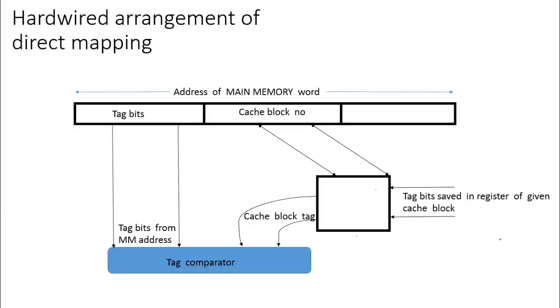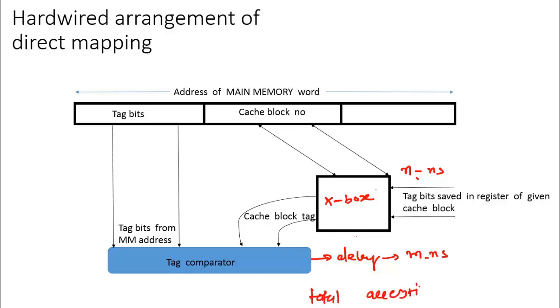All right. About the access time. So in hardware mapping, let's say the delay of our XOR box is n nanosecond, and the delay of our tag comparator is m nanosecond. So the total access time would be m plus n nanosecond in case of direct mapping.